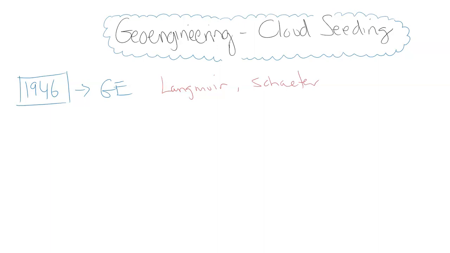Langmuir was the more experienced, very well known, very highly regarded scientist in this field. There was also a lab associate called Maynard, and another main doctor was Vonnet. So these four gentlemen all worked in GE in their science lab, and they were working on military contracts.